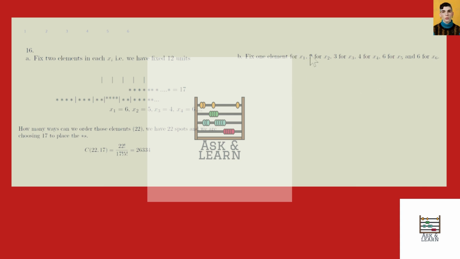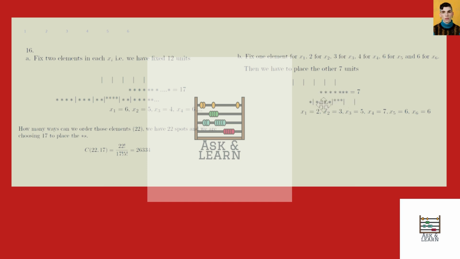And so we have fixed 1 plus 2, that's 3, 6, 10, 16, 22 units. And so we have left 7 units to place in those 6 places.